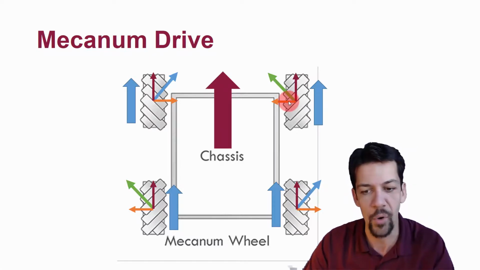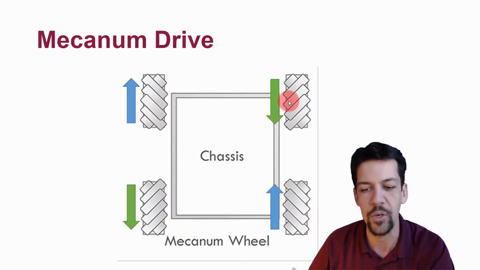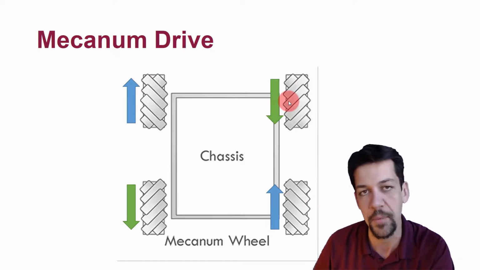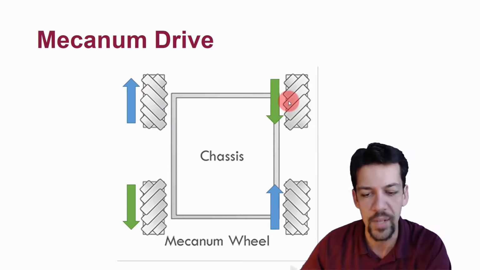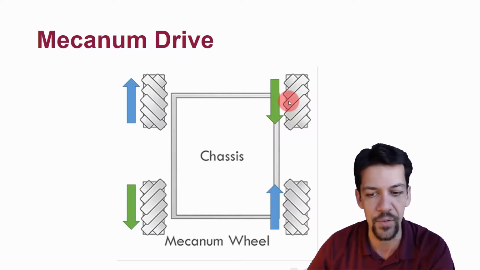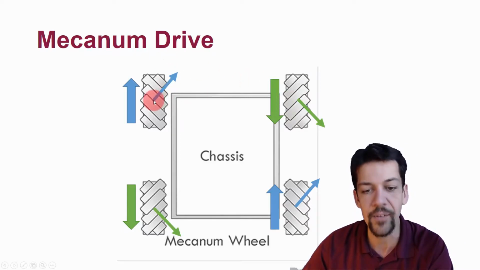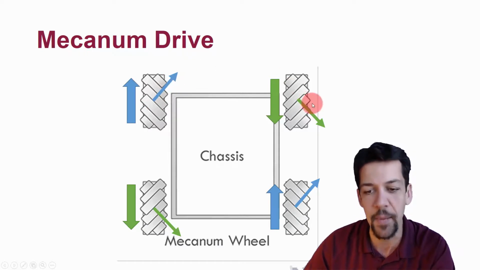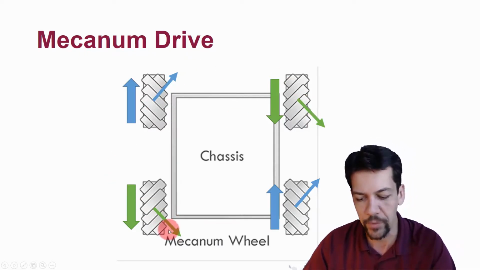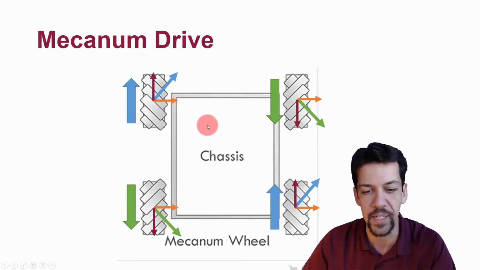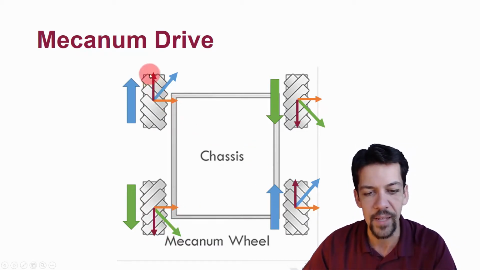We end up with an overall forward motion that pushes the vehicle forward. Now what's cool is if we coordinate these wheels, if we put some of them backwards and some of them forwards, now the forces are reversed. So we end up with 45 degrees still, but in the opposite direction for the wheels that we reversed. If we look at the components of these, the components that are going forward now cancel out, right?